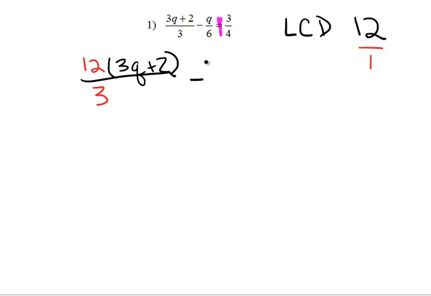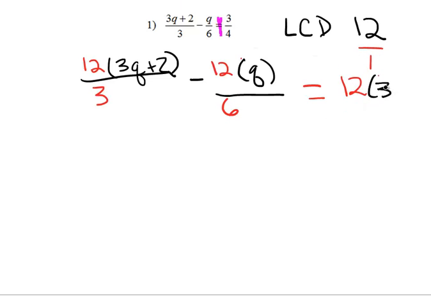And then minus 12 times q over 6, there's that same 6, equals 12 times 3 over 4.